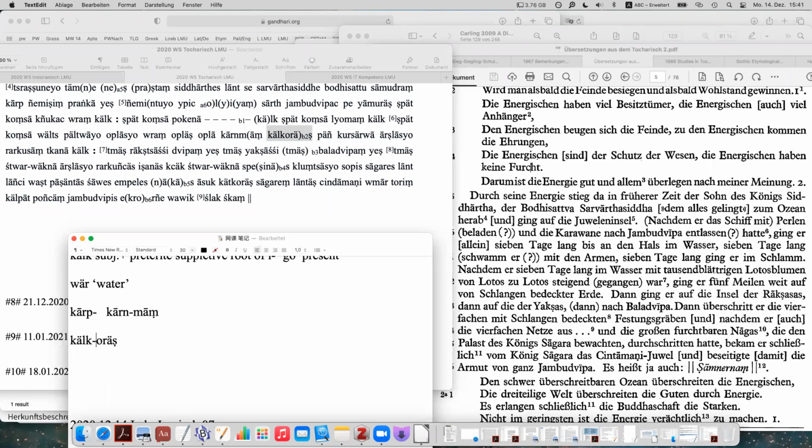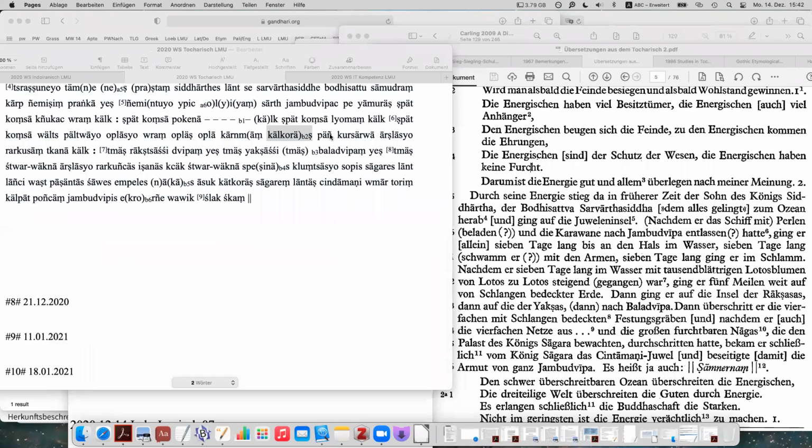So again, kirk is a root, and then the kirkal is a verbal substantive, and then with an ablative suffix, ush, ablative ending. Okay, so this is the verb. And then I think we can stop here. Or we can read a little bit.